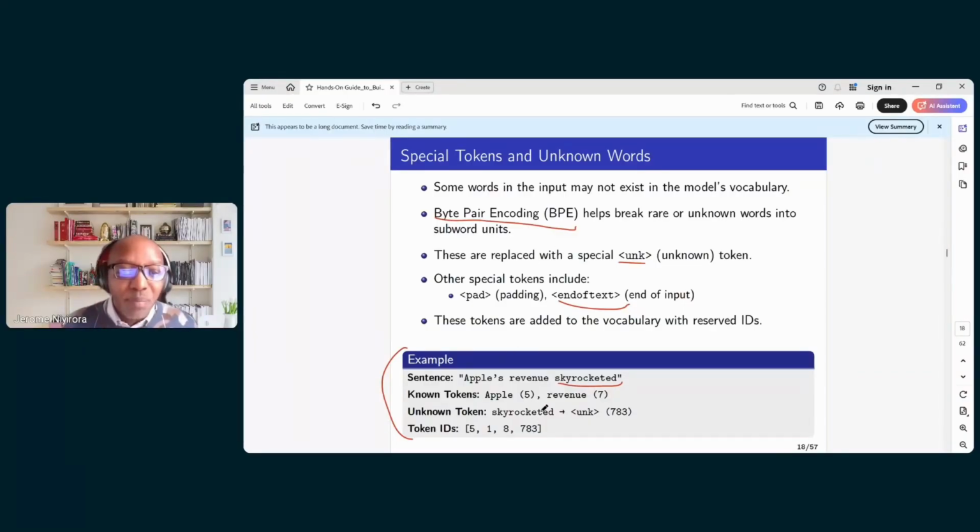So essentially what happens in this case, this BPE encoding is going to replace whatever word it hasn't seen with, say, unknown, and then give it an ID that you're going to find whenever you look at the token IDs. In this case, if you had to change Apple's revenue record, it would be 518, and then 783 to indicate that this is an ID for unknown words.